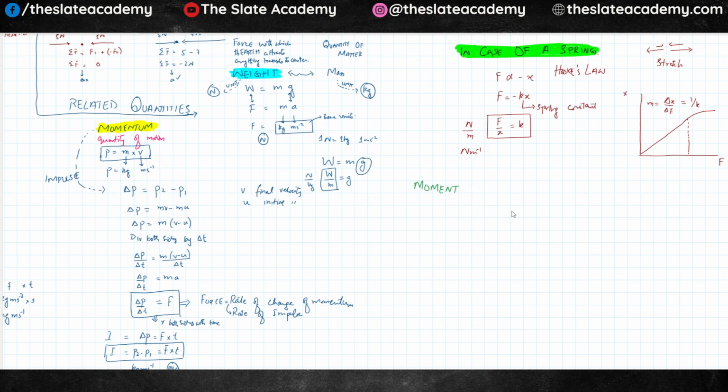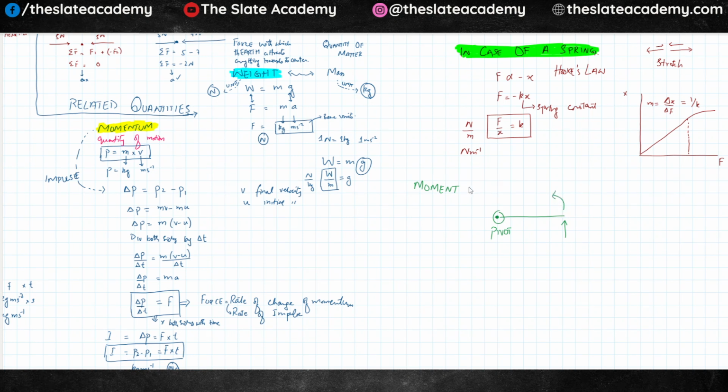If I have a rigid body, and it is allowed to turn about a point, this point is called the pivot. Then I apply a force perpendicular to this body. It will create a turning effect.